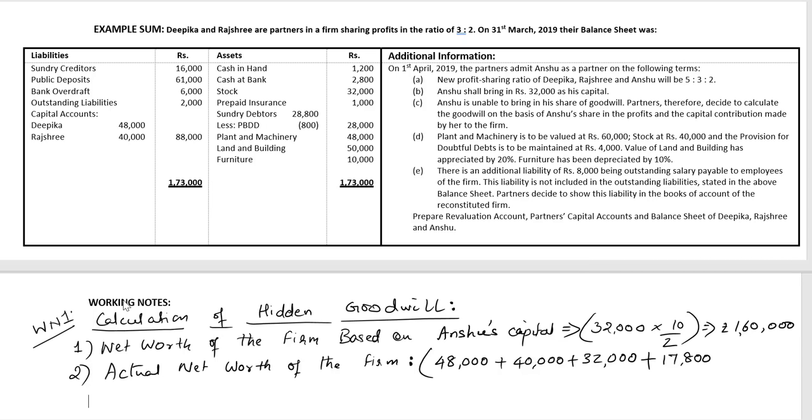There is no reserves or accumulated profits or losses or fictitious assets or even existing goodwill or non-trade investments. So this is the final answer to the actual net worth of the firm. Comes up to 1,37,800 rupees.